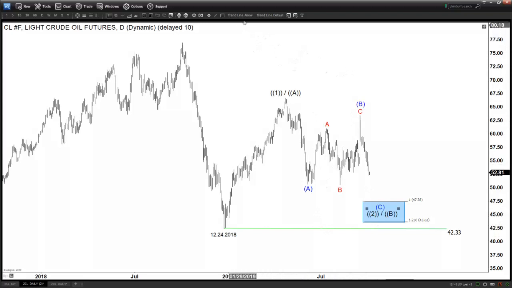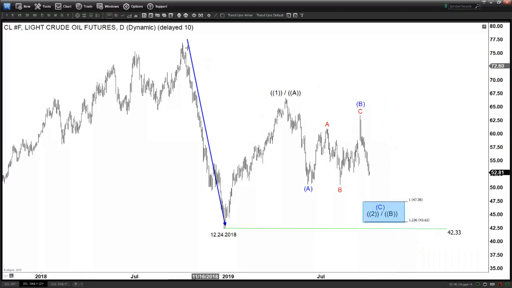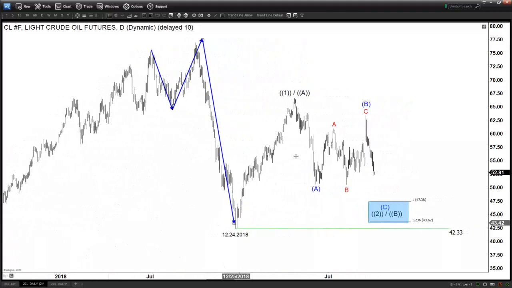Now for those of you that say, well, this looks impulsive, so shouldn't we get another leg lower? Well, yes, it looks impulsive and that looks like 5 waves, but it could be a flat also from here. It could be an ABC expanded flat, and therefore doesn't necessarily have to have a follow through to the downside.